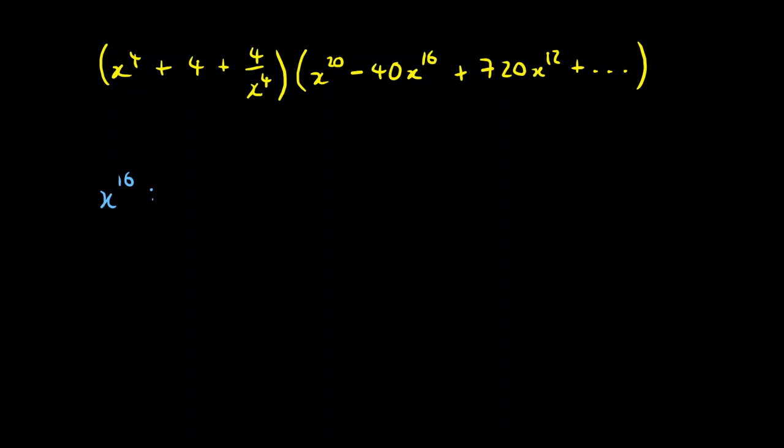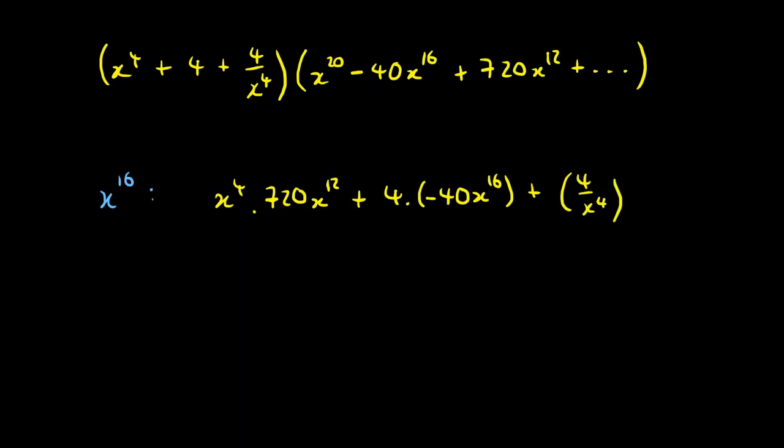So we're going to write out x to the 4 times 720 x to the power of 12, plus 4 times minus 40 x to the power of 16, plus 4 upon x to the 4 times x to the power of 20.